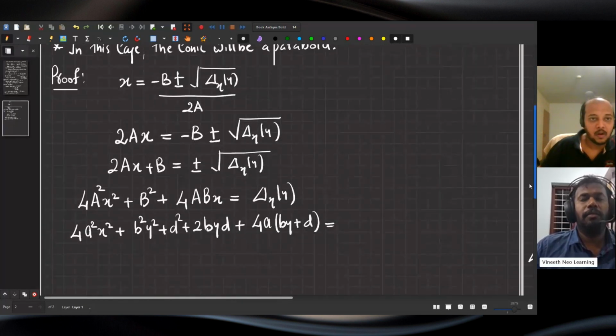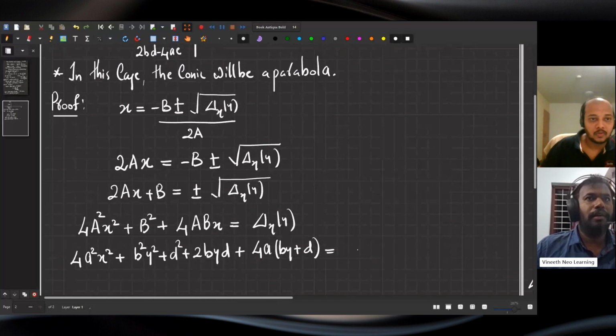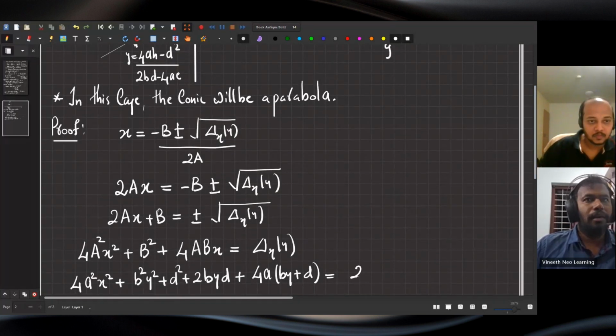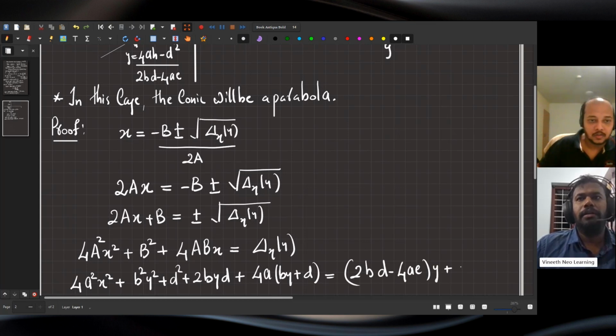So since b squared minus 4ac equals 0, we can write it as 2bd minus 4ae times y plus d squared minus 4h.